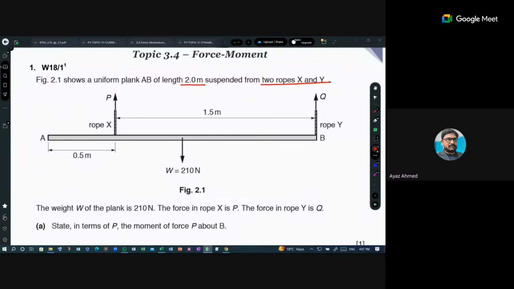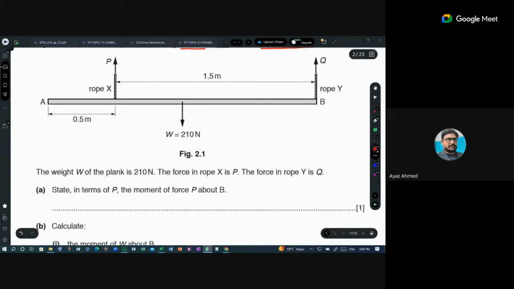I told you people that whenever there would be this type of question, that there would be two ropes, then one rope will be basically passing through pivot, or you can consider that one of the ropes would behave like a pivot, right? So it would be mentioned, or you have to select by yourself. So the weight W of the plank is 210 Newton.